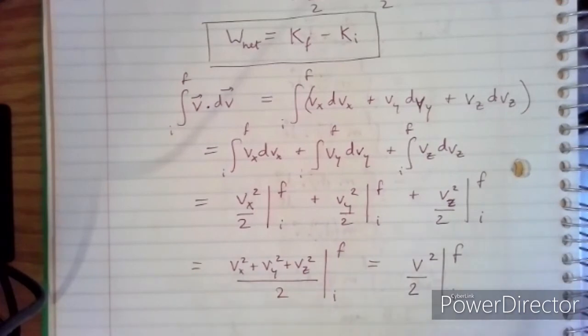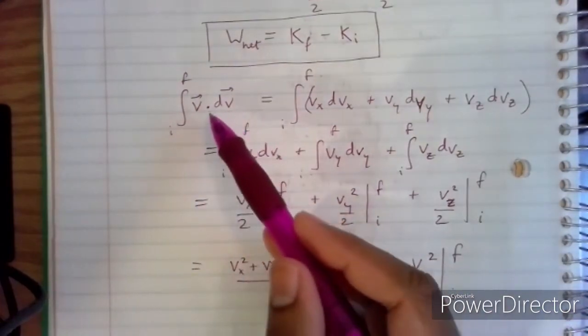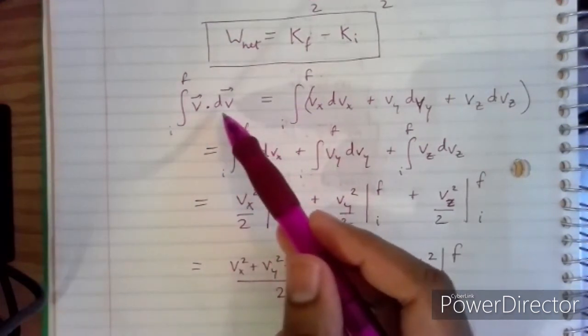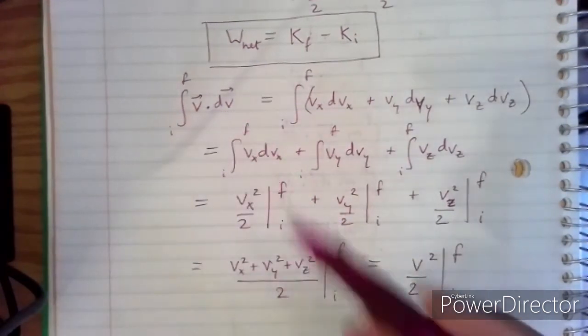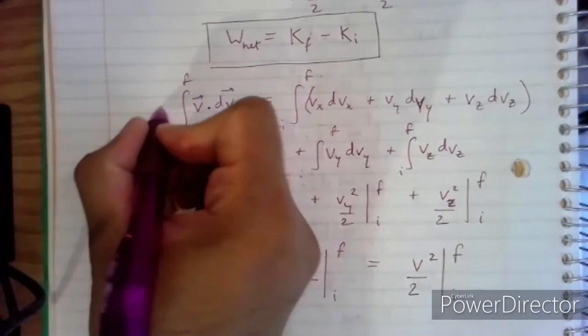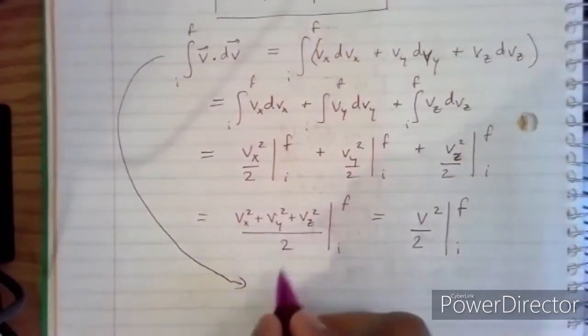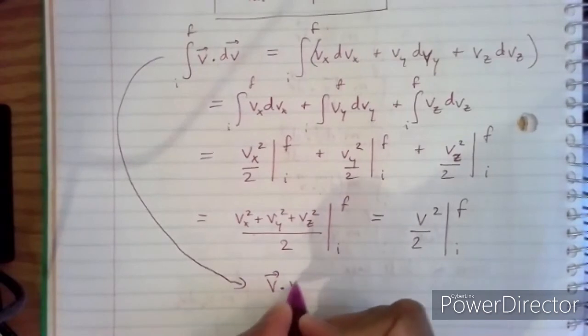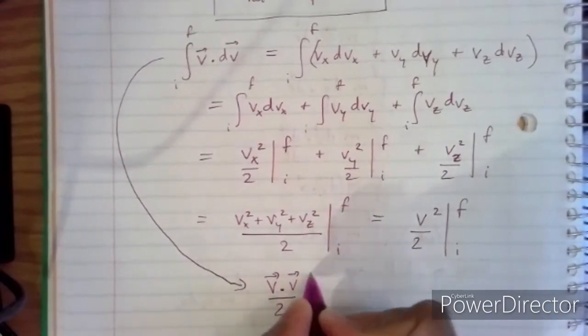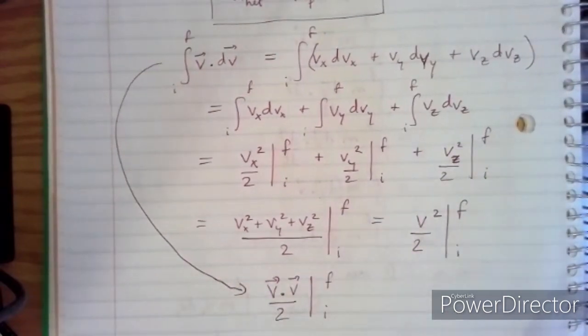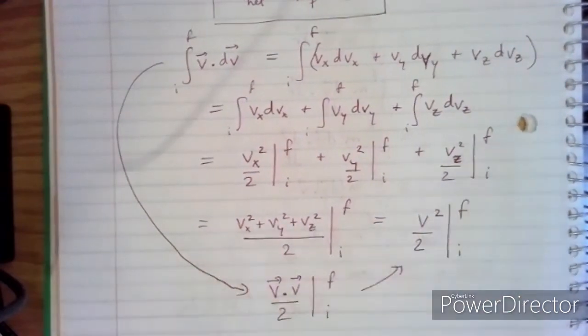And in fact, you can directly think of going from the integral of v dot dv to v dot v over 2. But v dot v is simply, again, v squared.